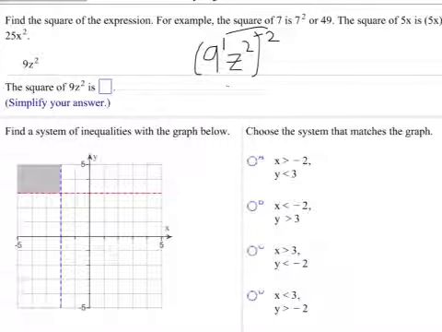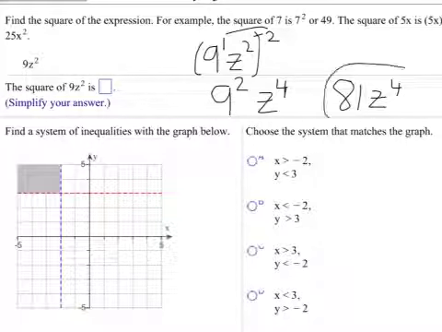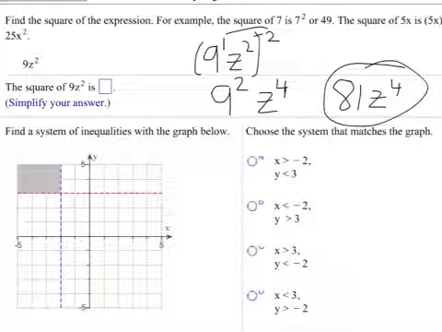So what I really have is 9 squared, because 1 times 2 is 2, and then z to the 4th, because 2 times 2 is 4. And 9 squared is 81, and then I just leave my z to the 4th. So the answer to this expression is 81 z to the 4th.